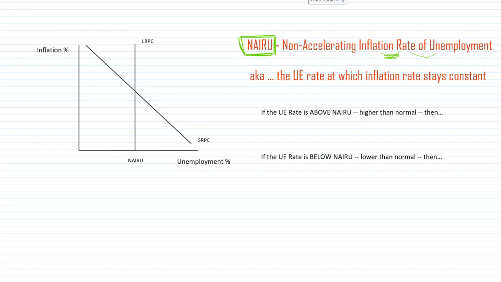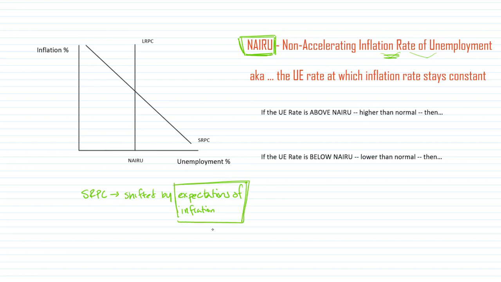And the driving force behind this concept of NAIRU is the idea that the SRPC can be shifted by expectations of inflation. We said when we started to put the SRPC together, first of all, that expectations of inflation were the primary driver and most important shifter here.